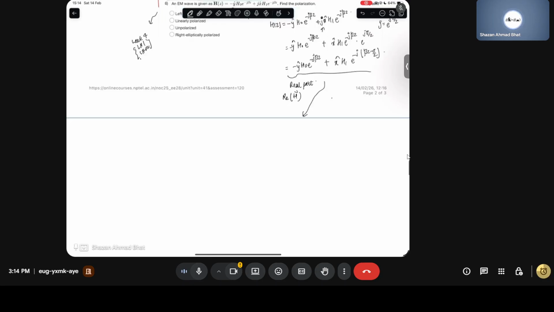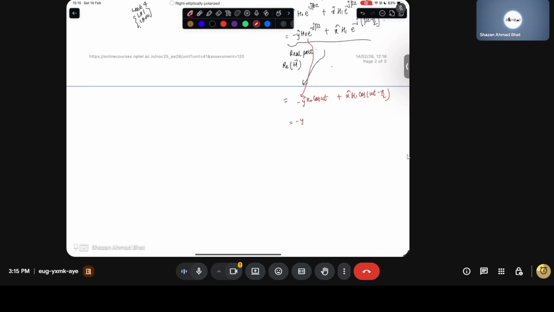So once you write the real part of this particular component, it will be minus y naught h, the amplitude stays same, and it will be cos of omega t only, plus here also the direction remains same, but what will be different is here will be cos of omega t minus pi by 2, because there is this phase factor.